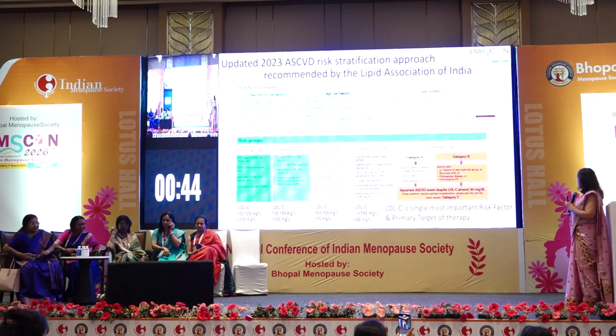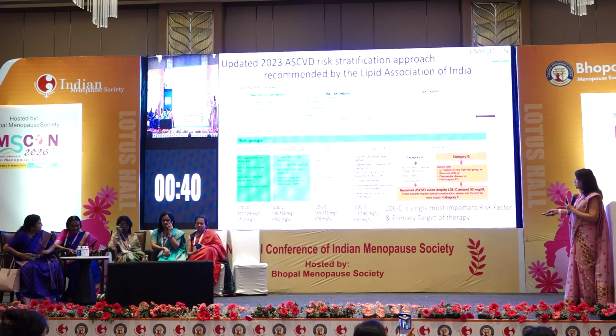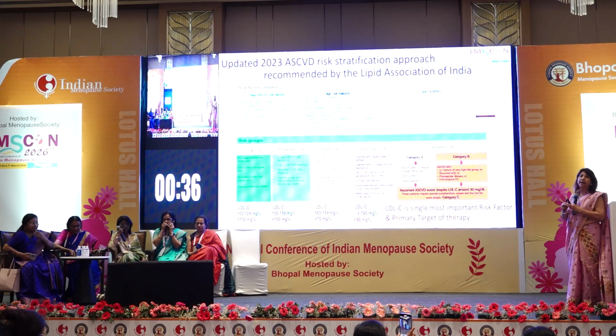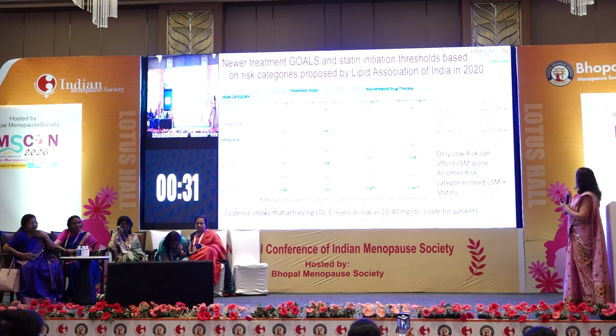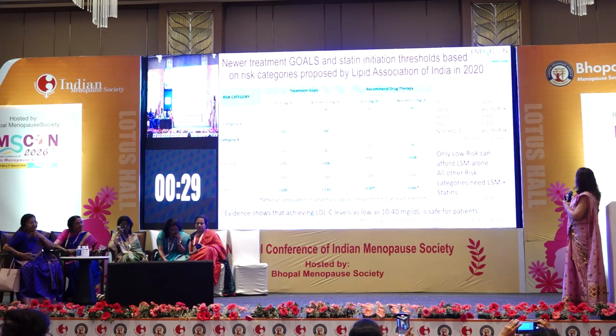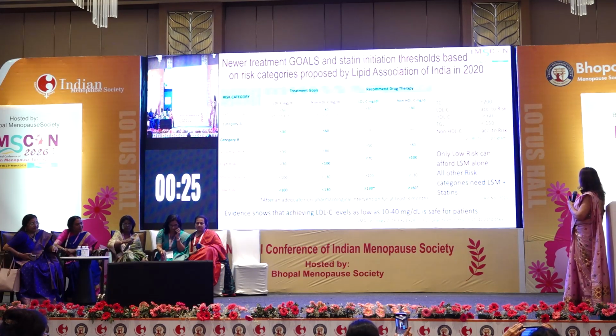LDL-C is the single most important risk factor, and it's a primary target. So what is the target you need? Less than 100, less than 100, less than 70, and less than 50. These are your targets. These are the new treatment goals. You have to have triglyceride, HDL, and LDL according to these values.